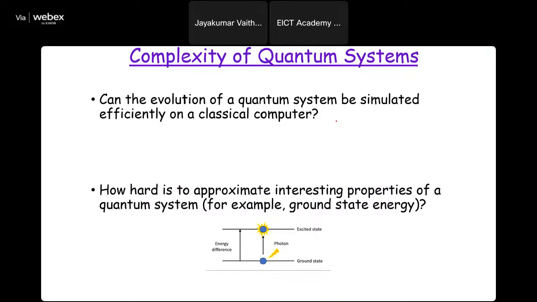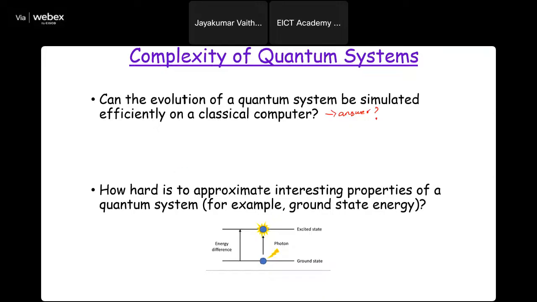So you need to ask these basic two questions. Can the evolution of a quantum system be simulated efficiently on a classical computer? Can you do so? What is the answer for this question? We cannot.